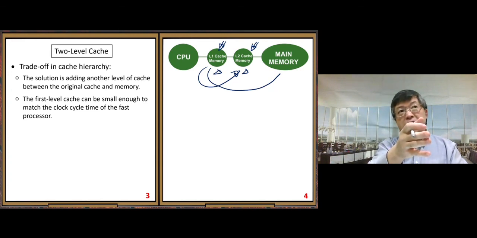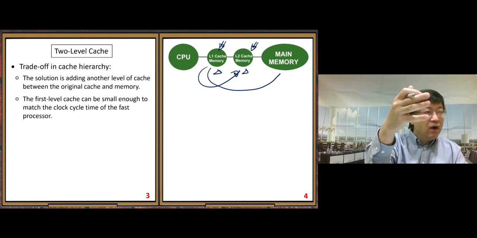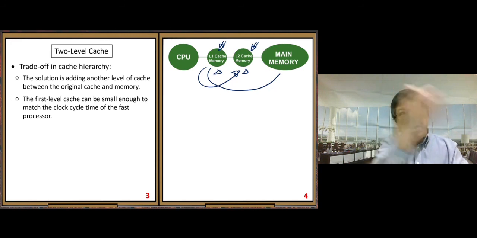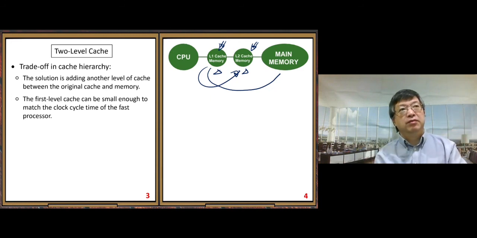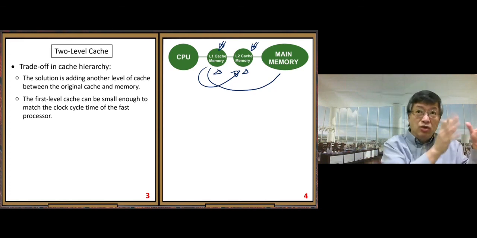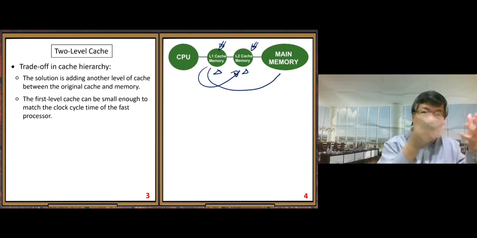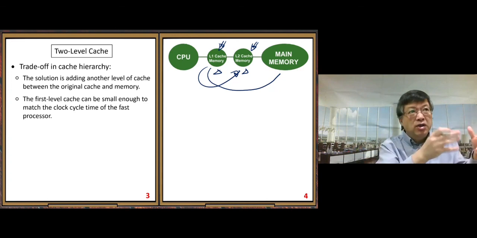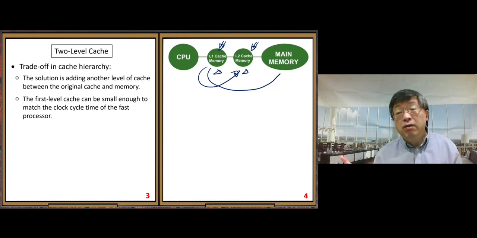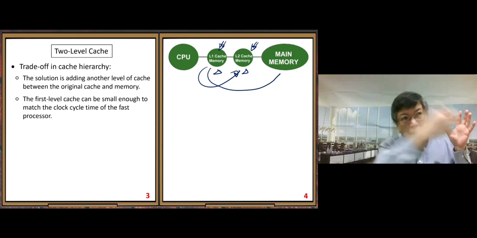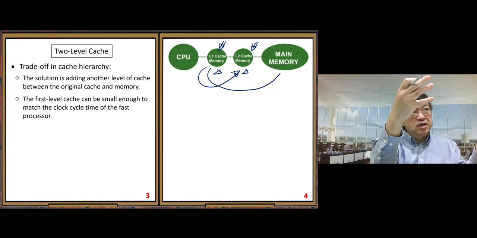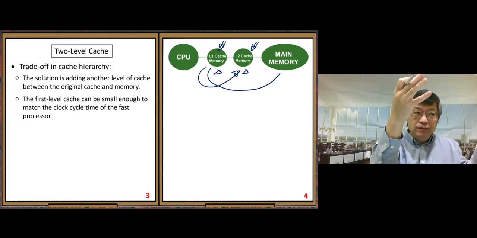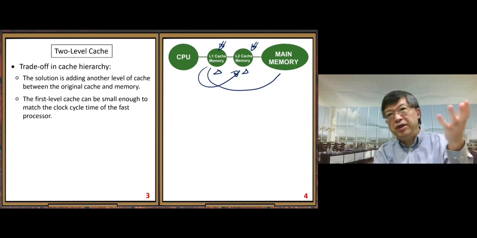The processor speed is very fast, so we want the hit time of L1 cache very fast, matching the processor clock speed. Otherwise, the processor has to wait. When fetching data from the cache, the processor has to wait if it's too slow. So we try to match the speed of the processor, then the processor does not need to wait long and can get data quickly.